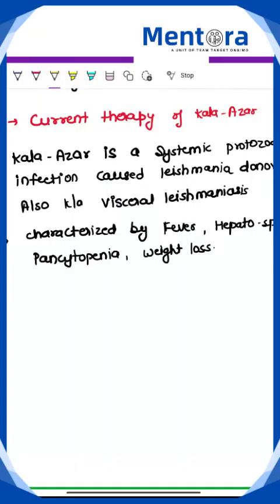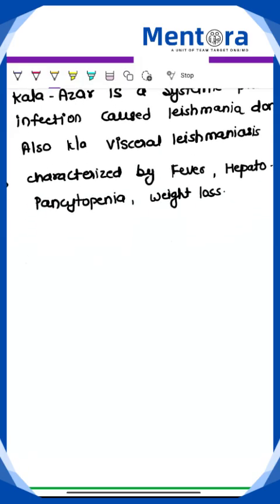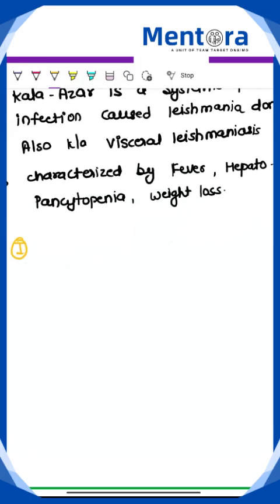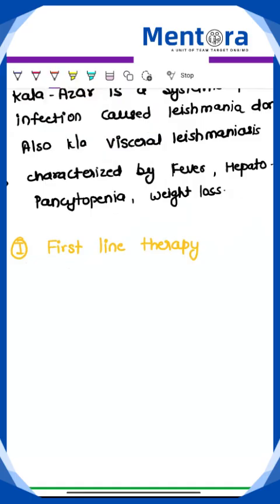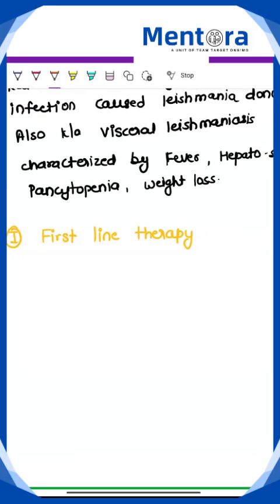The therapy for Kala Azar will start with first line therapy. It is the liposomal amphotericin B.